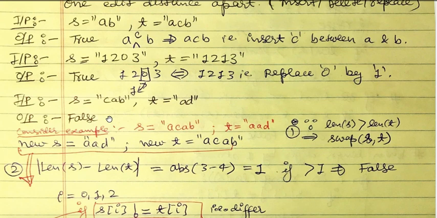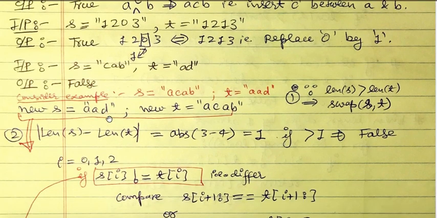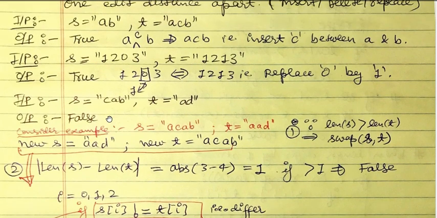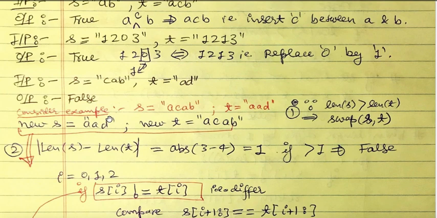So I initially told you that we can swap the source and the target and it shouldn't make any difference in our inference. Here we do some checks. Let's consider an example, ACAB and AAD.